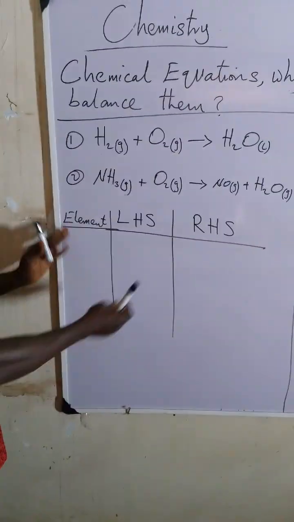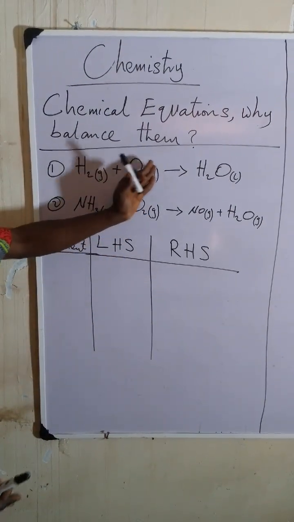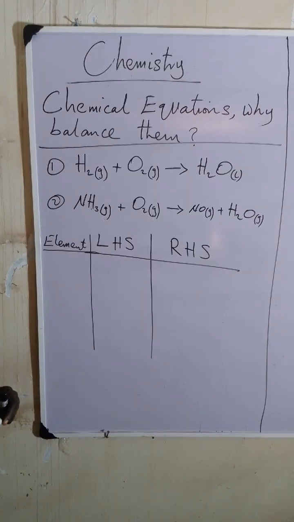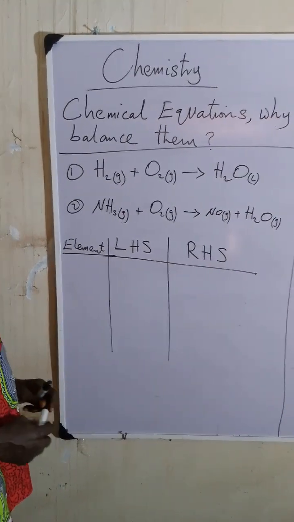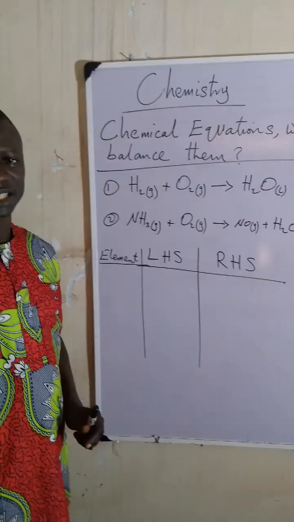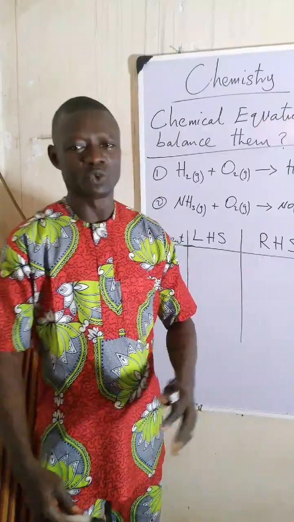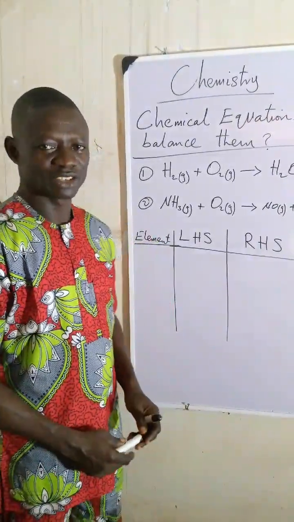We use an atom count to find out whether what we have in the reactants is the same as what we see after the reaction. Imagine cooking 6 eggs, and after cooking the eggs, you now see 12 or 10. It is not normal.